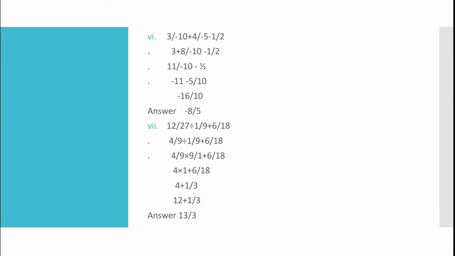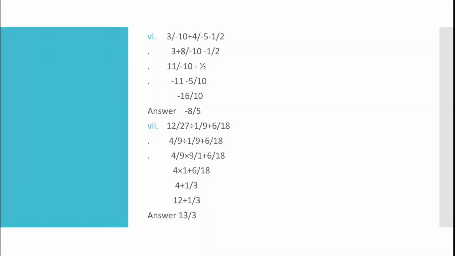Now question number 6. 3 divided by minus 10 plus 4 divided by minus 5 minus 1 by 2. Now here again you have to take the LCM of 3 divided by minus 10 plus 4 divided by minus 5. So the LCM is minus 10, 3 plus 8. When you solve 3 plus 8 you will get 11 by minus 10 minus 1 by 2.